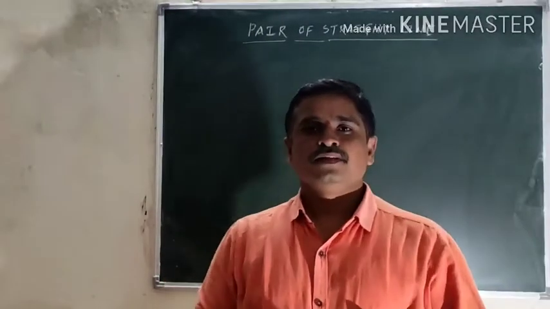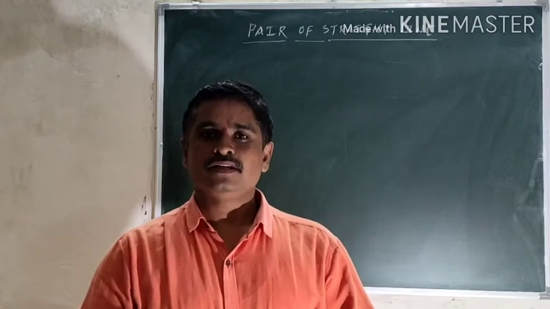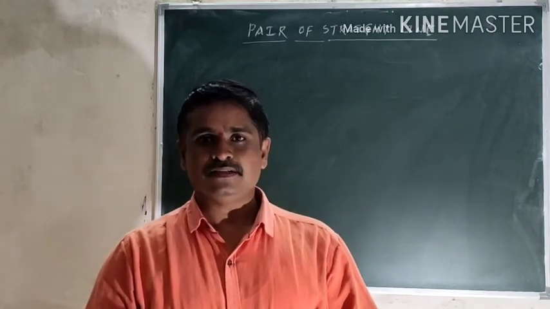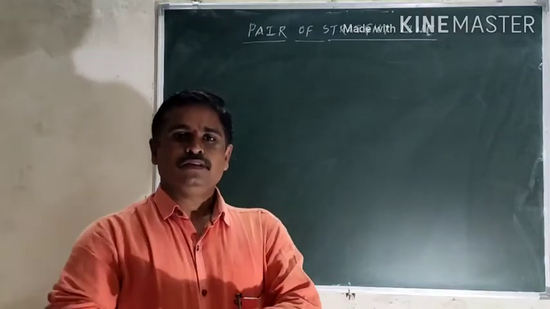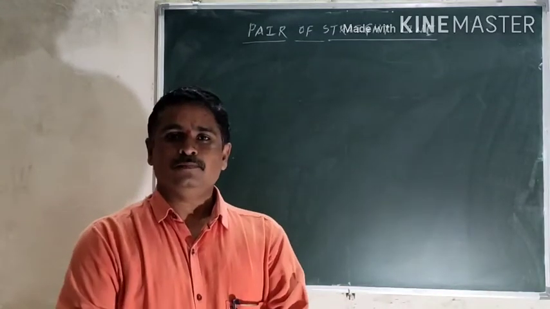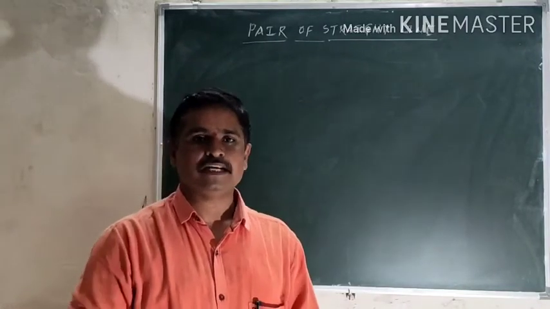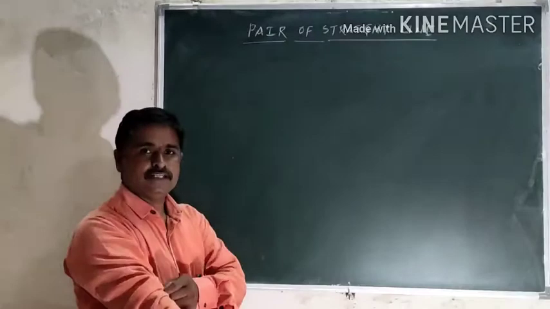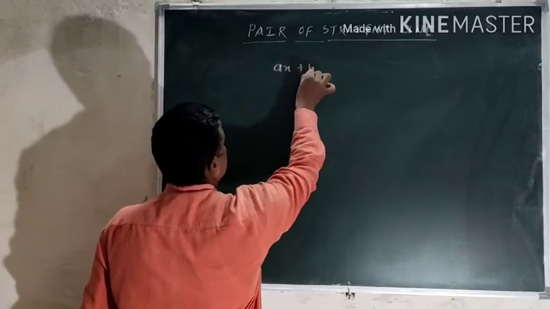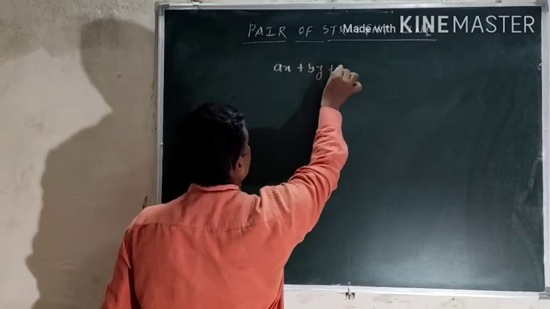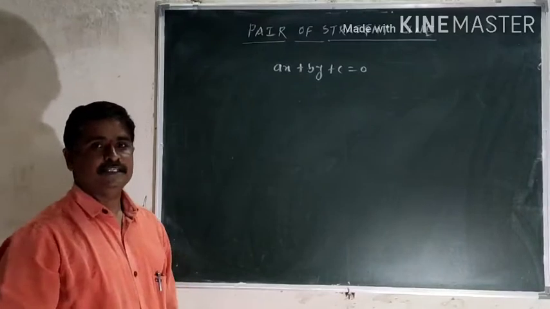Hello student. In this period we are going to learn the next chapter, that is pair of straight lines. We know the theory of a line. We have the general equation of a straight line, which is a linear equation in x and y, that is ax plus by plus c equals 0.